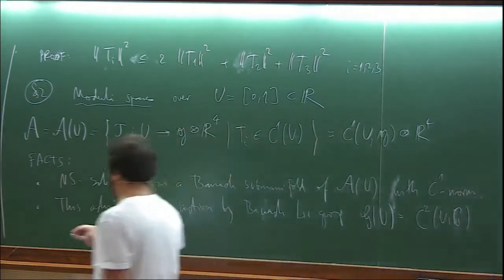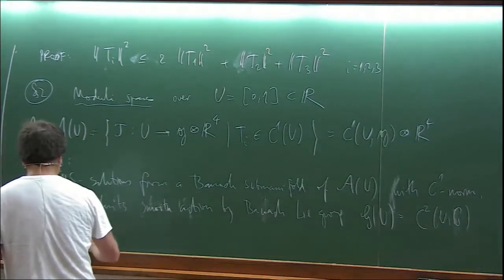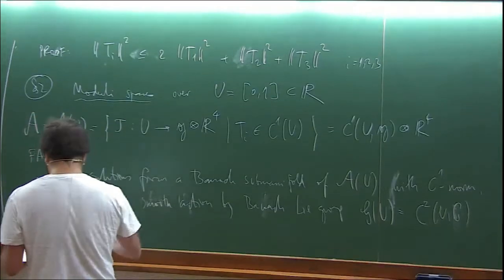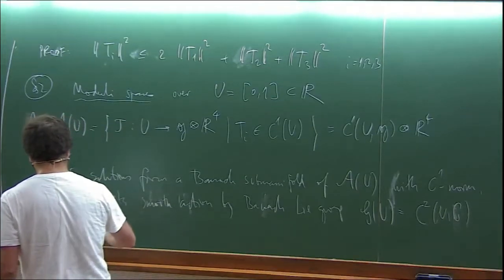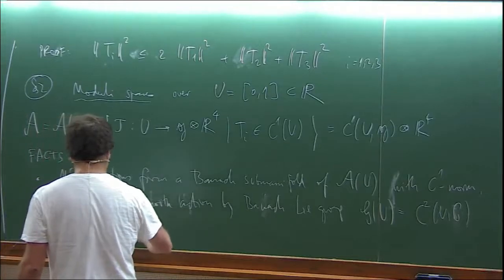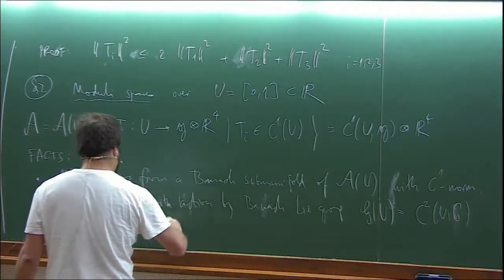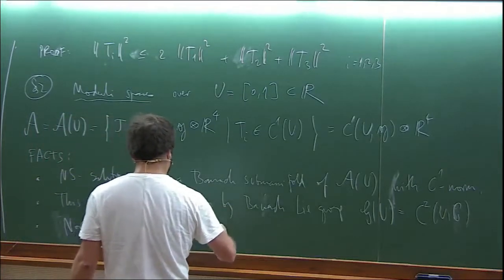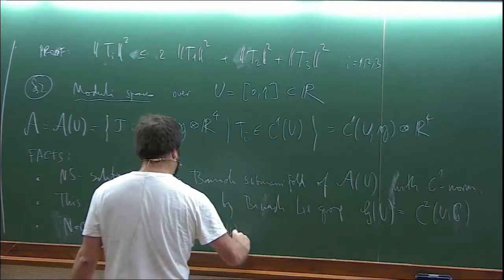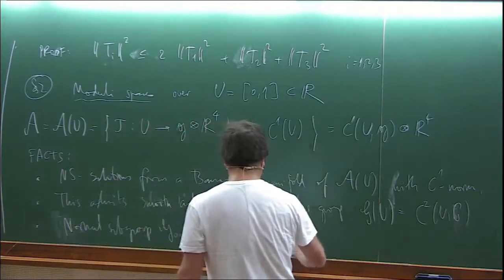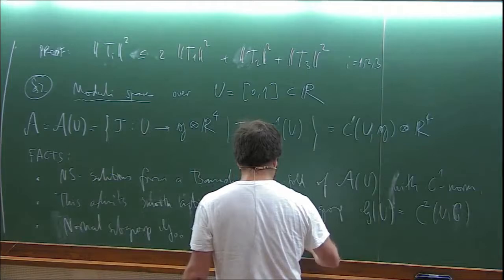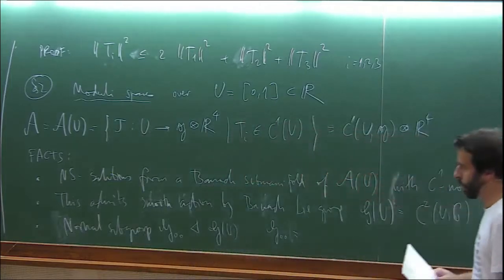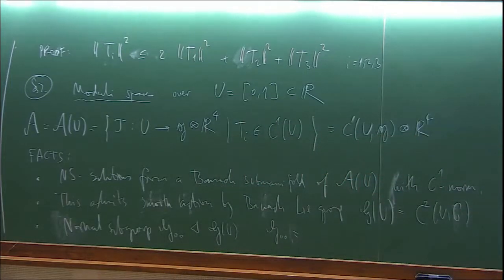And this has a normal subgroup, G naught naught, where I fix the values at the extremes of the interval to be just the identity.